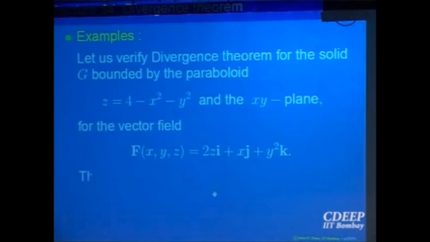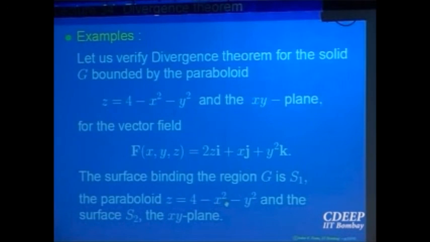So let us look at just one. What is the surface here, being the region? It is a paraboloid bounded by the xy plane. So one is the curved surface coming from the paraboloid, one is coming from the xy plane. You have to write it as the curved portion S1 plus the plane portion S2.